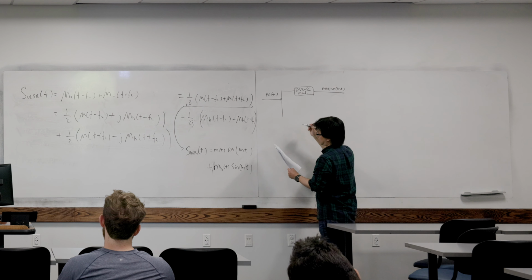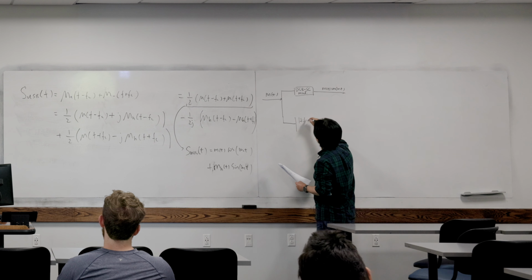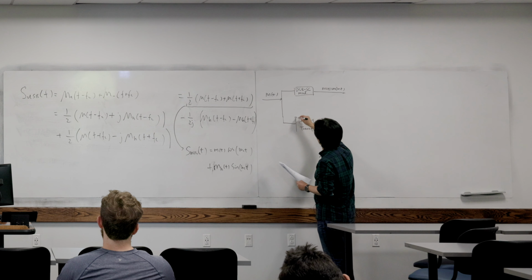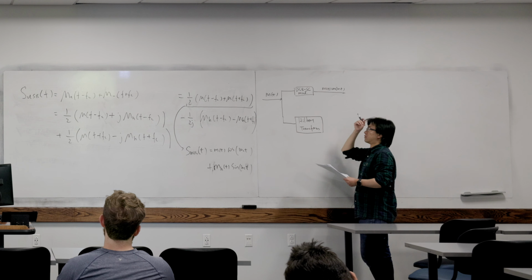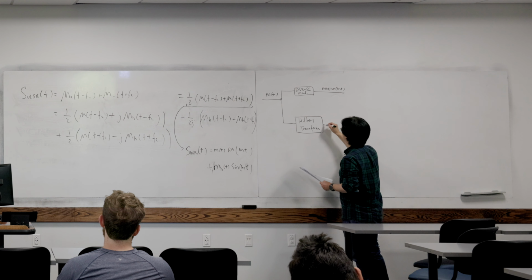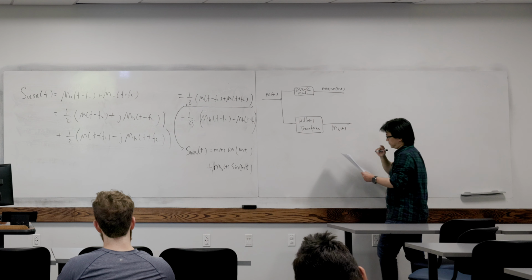And then we have another route. So we need to do a Hilbert transform first. Okay, and after the Hilbert transformation, we get our m_h(t), right?